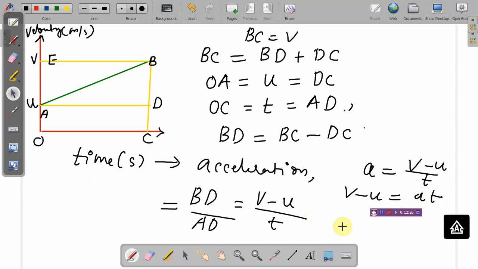From this I can get V is equal to U plus A multiplied by T. I have derived the first equation of motion.